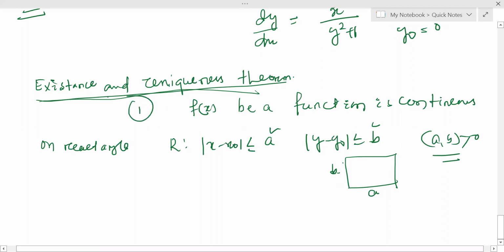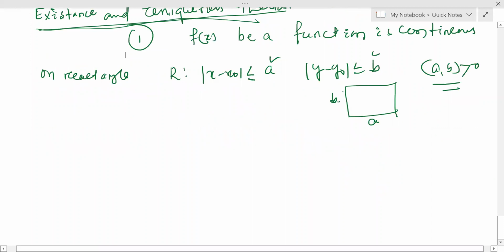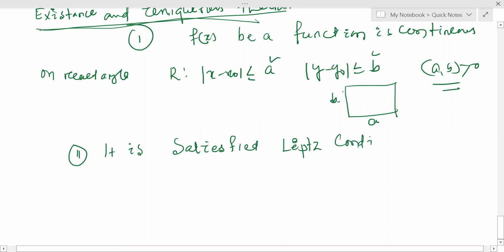Second condition, it satisfies the Lipschitz condition. Already discussed, it is satisfied.